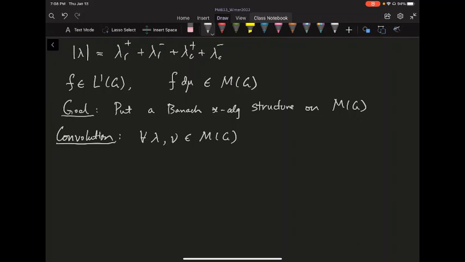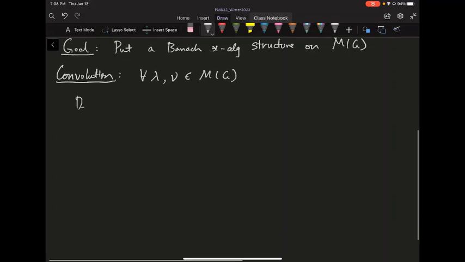So in order to tell you what the measure is, I essentially just need to tell you how a function integrates with respect to this measure. Okay, so let's define the following. So let's say I of f. Okay, so for every f inside C_c of G, I want to define some kind of integral so that you can have a bounded linear functional and it corresponds to integration against some measure.